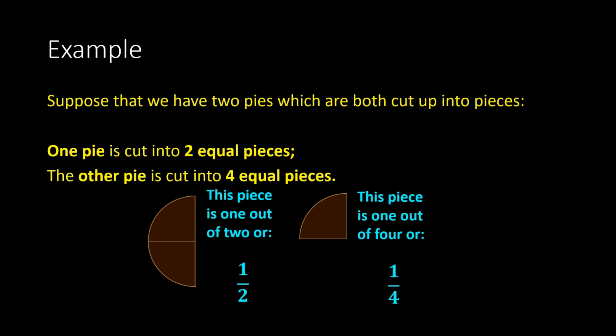Then we can see that the piece on the left is equivalent to 2 pieces out of 4 pieces. And now we can easily add the pieces on the right to the pieces on the left. So 2 pieces out of 4 plus 1 piece out of 4 equals 3 pieces out of 4.